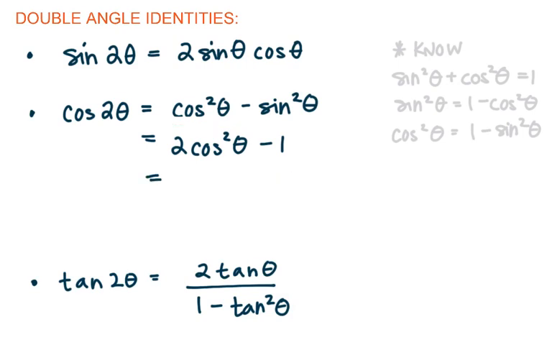So we can also write 1 minus 2 sine squared theta. So now what I have here on my screen are 5 different double angle identities that I want to be familiar with. I want to recognize them.